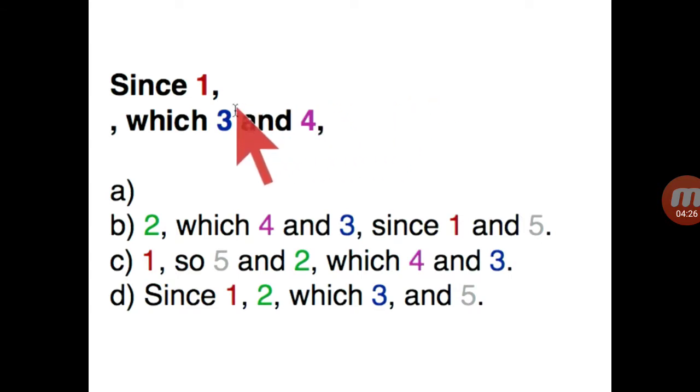So all we have to do is look at 1. Now here's something important. 1 is connected to the main information with the word since. And since establishes a cause and effect relationship. Since is connected to the cause. Since I'm hungry, I ate. Since is the cause. Hunger is the cause of eating. So here you see since 1. Perfect. And then in C, you just see 1, but you see so 5 and 2.